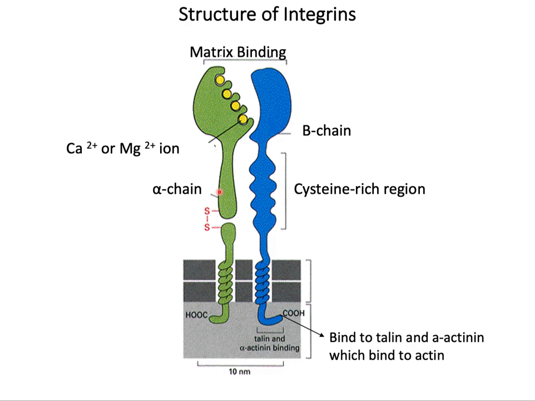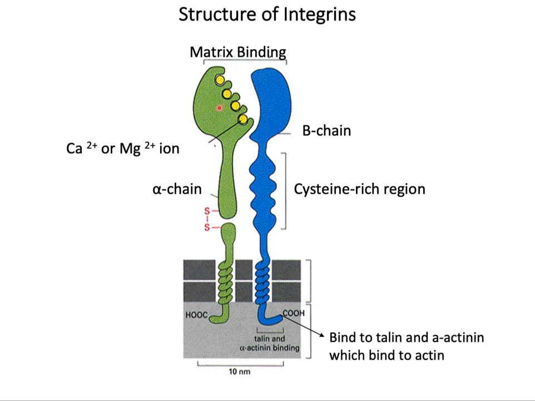The alpha subunit is associated with a beta chain, which is also a transmembrane protein. The beta chain has a characteristically cysteine-rich region in the extracellular space, and the C terminus of the beta chain can bind or interact with the proteins of the cell to connect the integrin to some type of cytoskeletal filament, such as actin or intermediate filament.